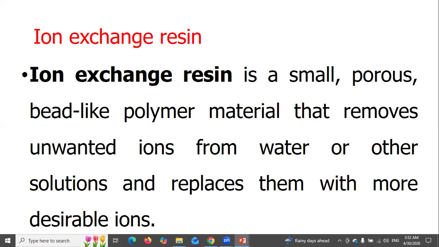Ion exchange resin is a small porous bead-like polymer material that removes unwanted ions from water or other solutions and replaces them with more desirable ions.